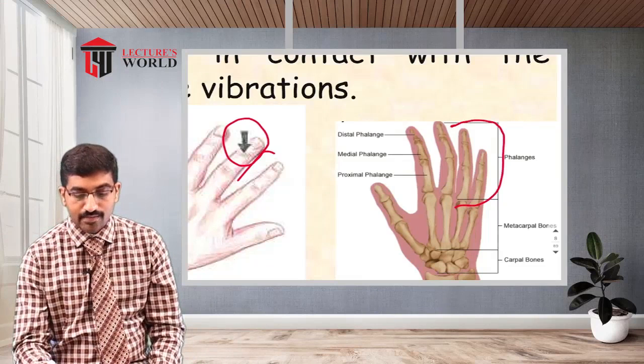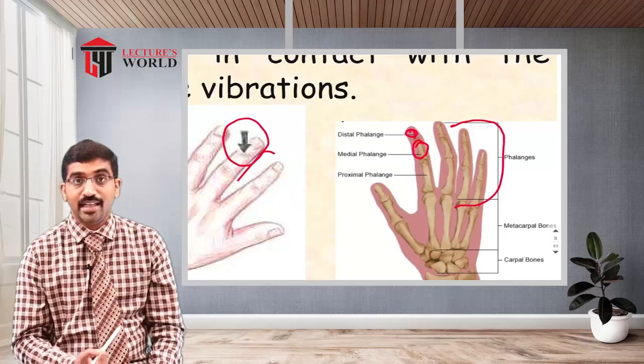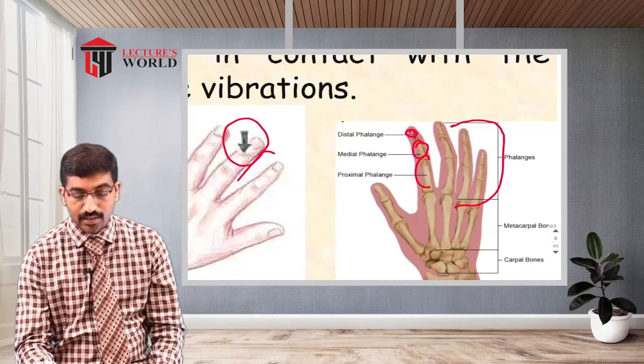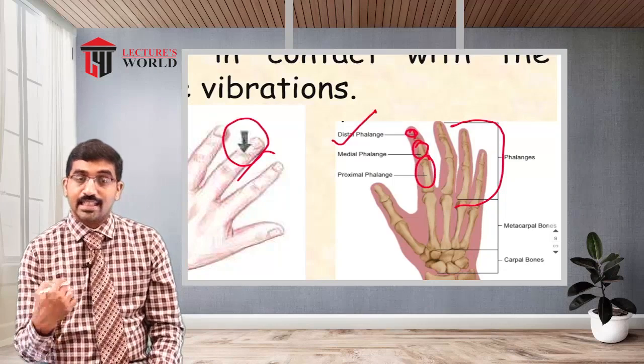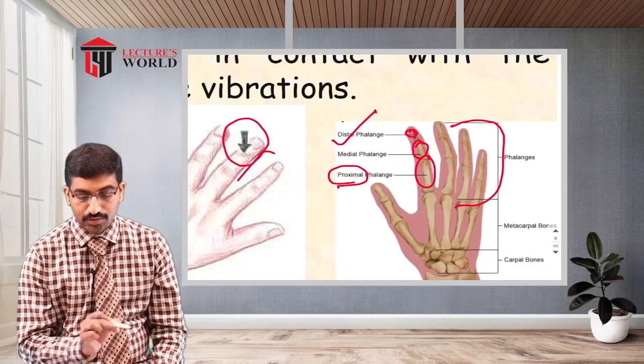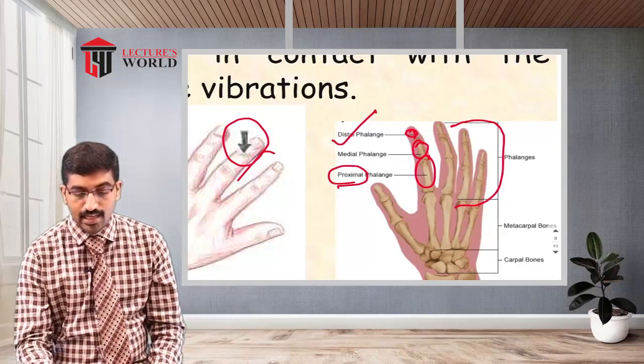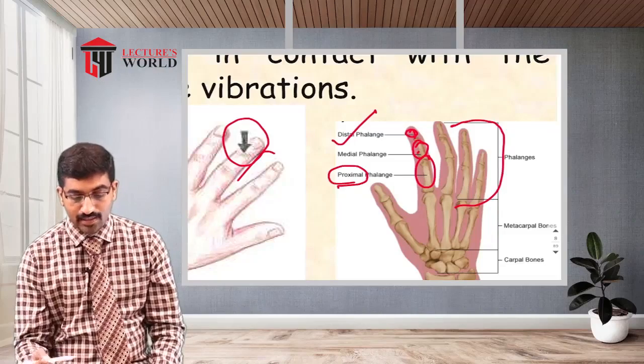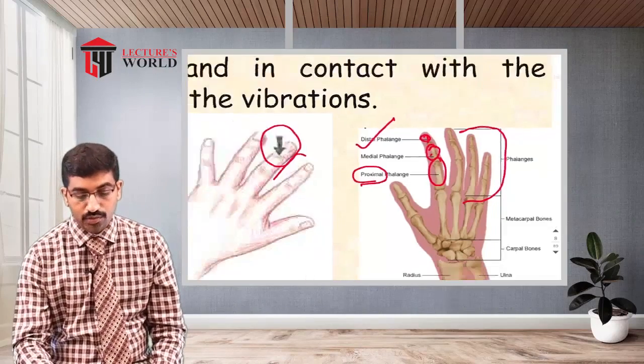This bone is the distal phalanx, this is the medial, meaning middle phalanx, and this is the proximal. Distal means distant, not near. Proximal is near to you. So we are going to use the distal, middle and proximal phalanges.